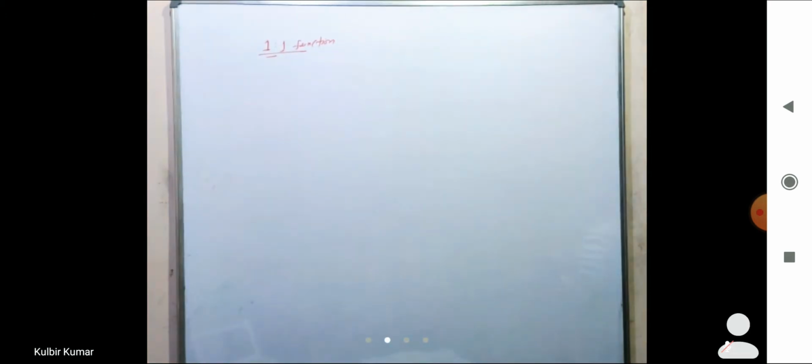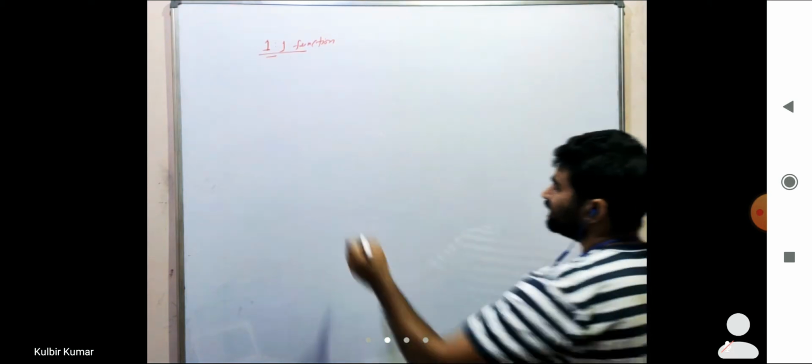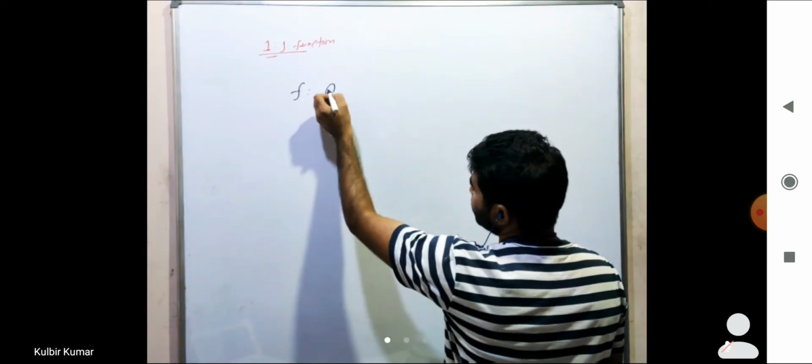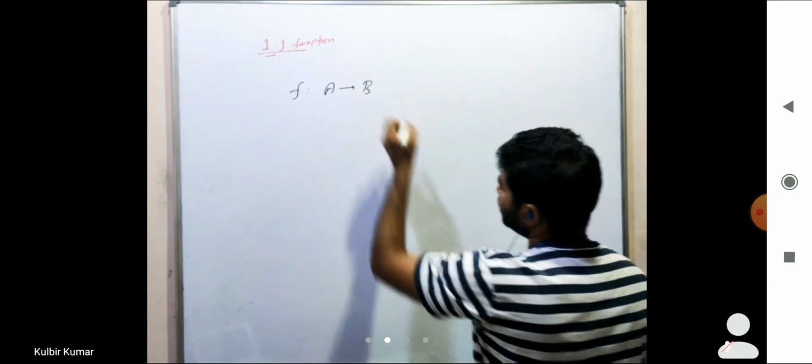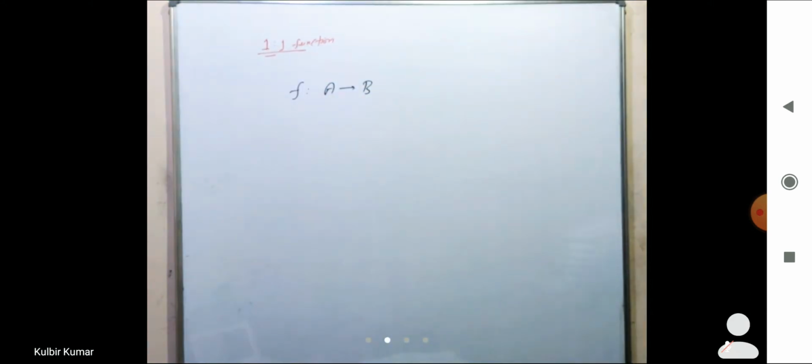Let's see one-to-one function. So for definition, we can say a function f from set A to set B is said to be one to one if no two elements in A are mapped to the same element of B, right?